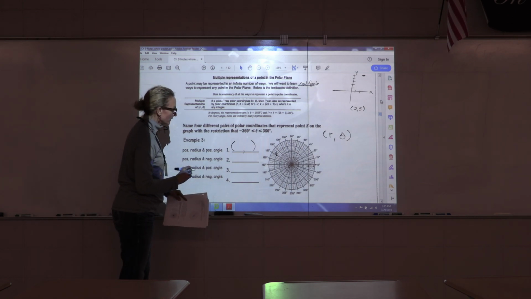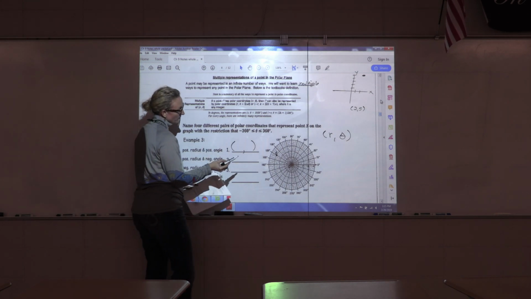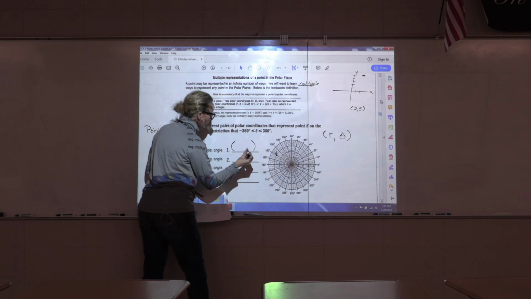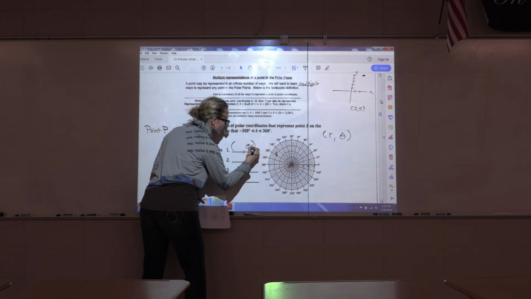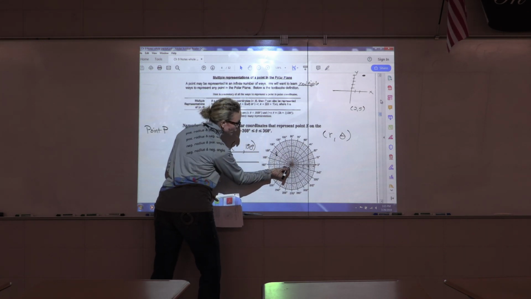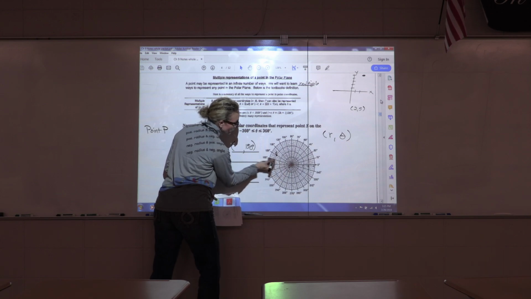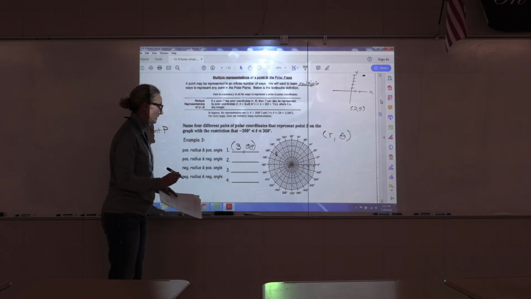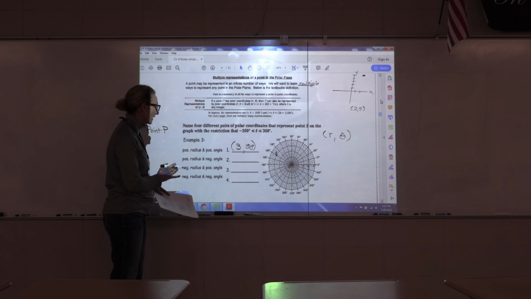Positive radius, positive theta. So I always start with the theta. It is a positive 150 degrees. And how many circle lengths is it out on that terminal side? 1, 2, 3. So it's 3 comma 150. Radius 3, angle 150 degrees.